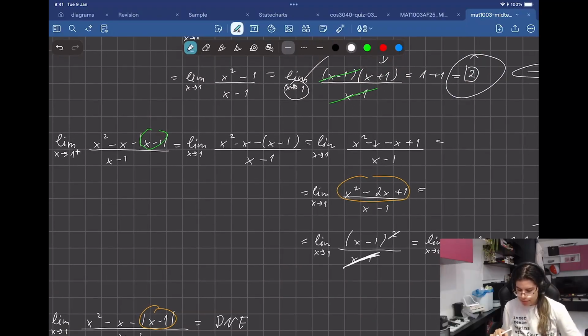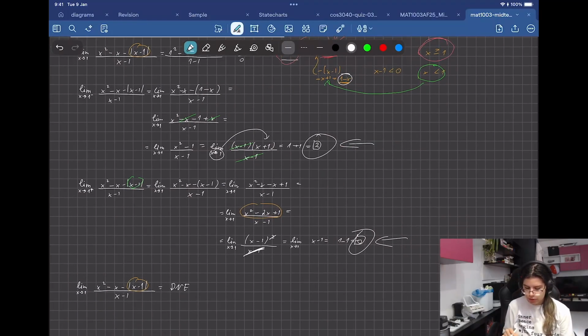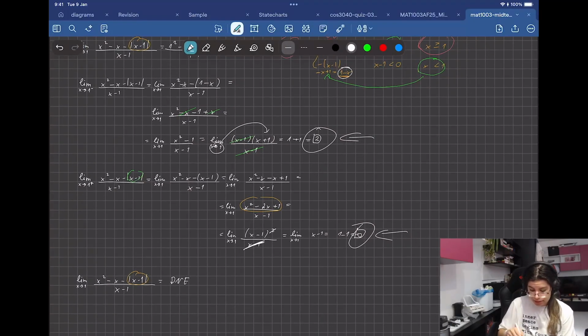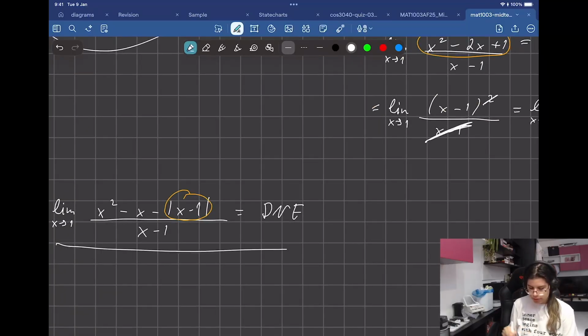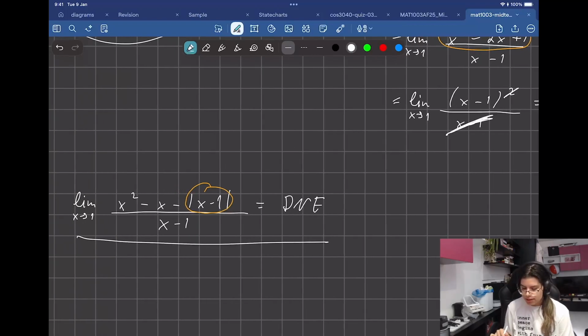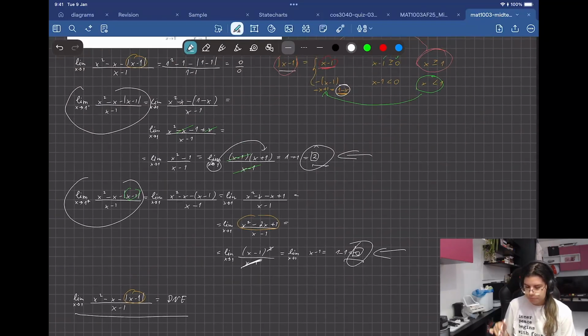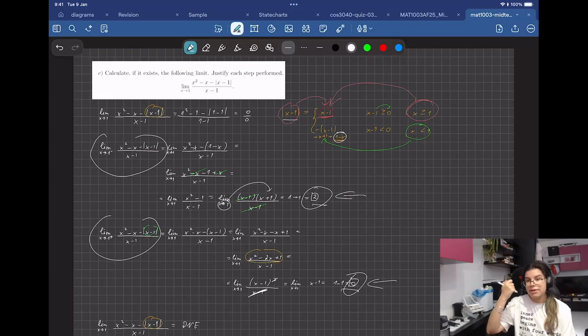Now, on the exam, please write it in a little bit more detail. So the way I would write it is I would write this thing equals 2, this thing equals 0. They're different. Therefore, the general limit does not exist. I just don't want to waste time right now, but that's how you do it, right? So once again, you calculate the one-sided limits, you compare them.